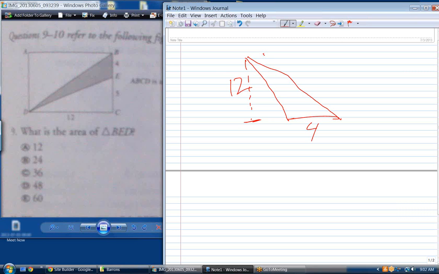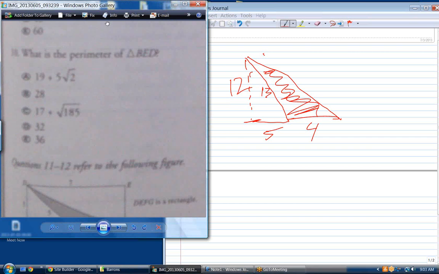You are correct that this is 13, and we're going to need that for the next question. But this is the figure we're looking at here, where this is the shaded area. So the next question also applies to that figure.